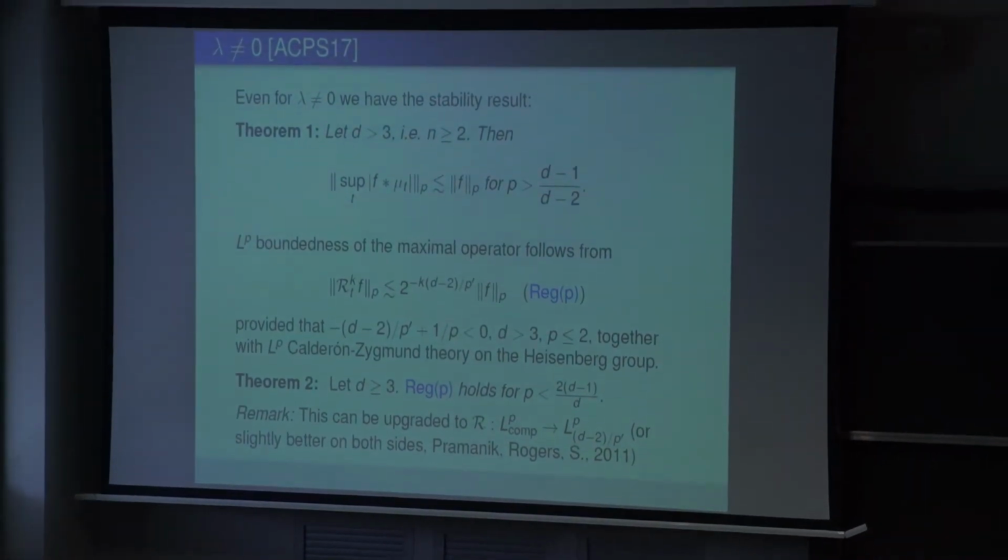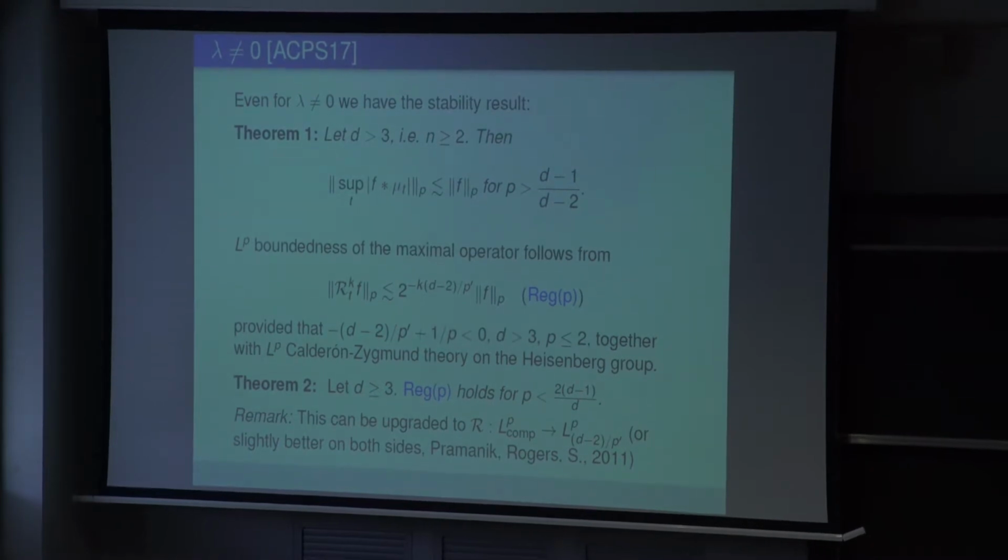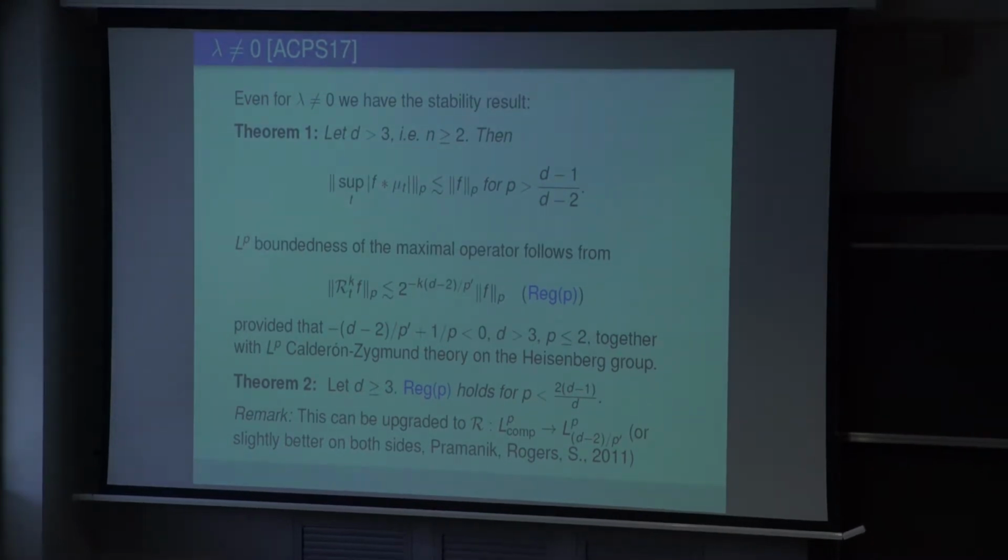So this is now more recent work with Anderson, Kalachand, and Pramanik. For the Heisenberg group Hn for n greater than or equal to 2, we get the sharp estimate for p greater than d minus 1 over d minus 2.